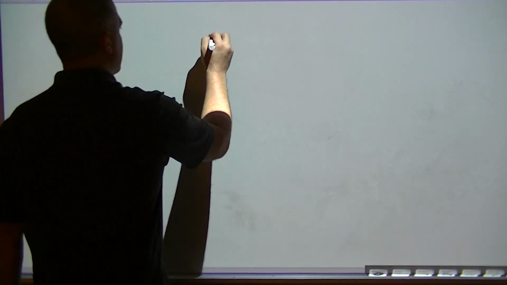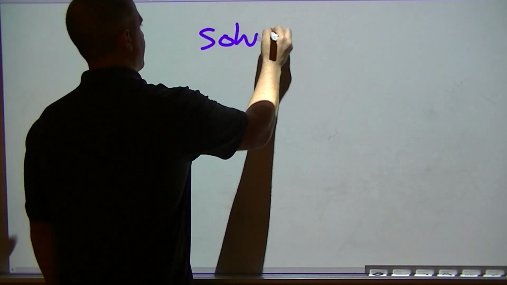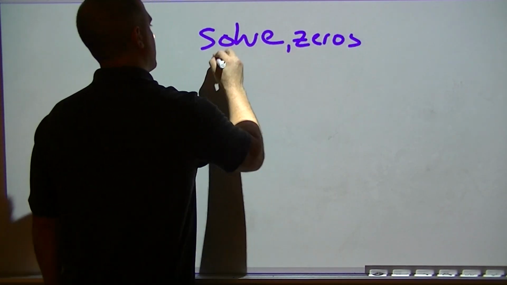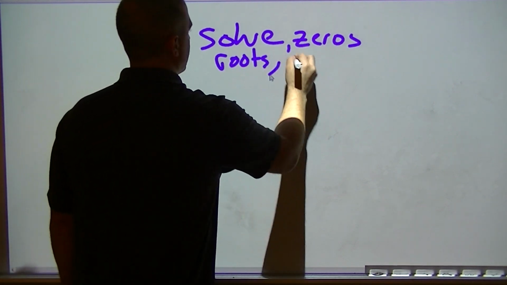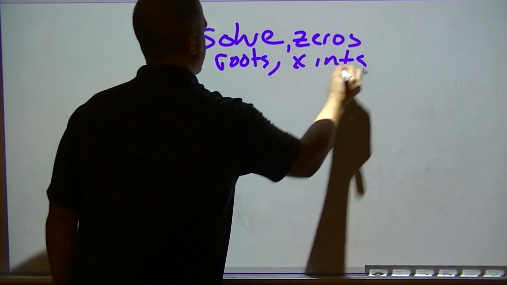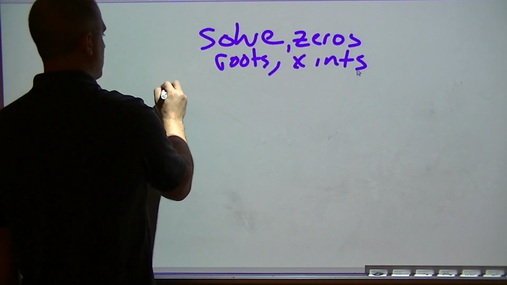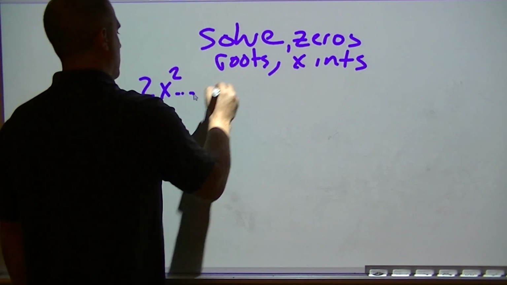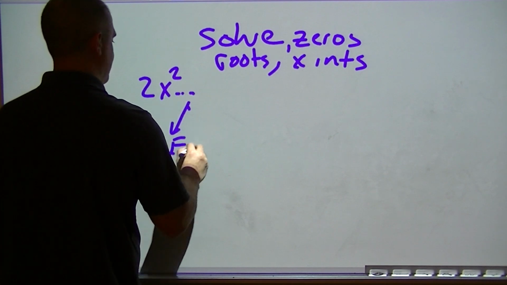Okay? So, in summary, the biggest thing is anytime they say solve, or zeros, or roots, or x-intercepts, if it's a regular squared problem, what we want to do is use equal.